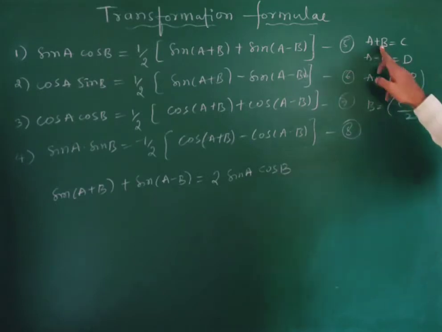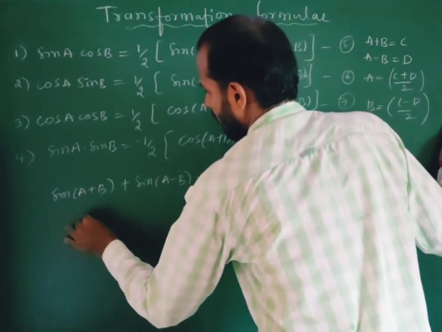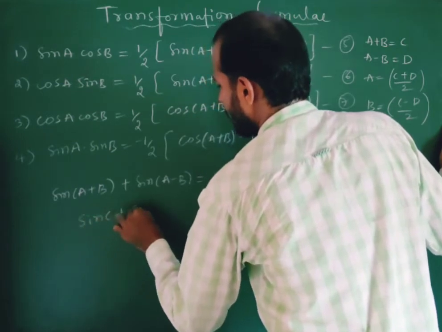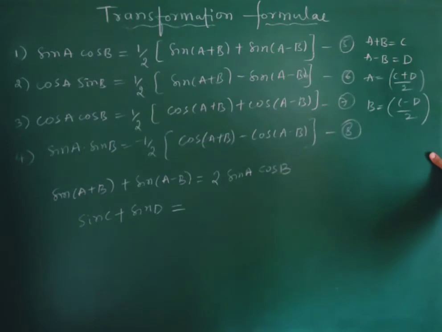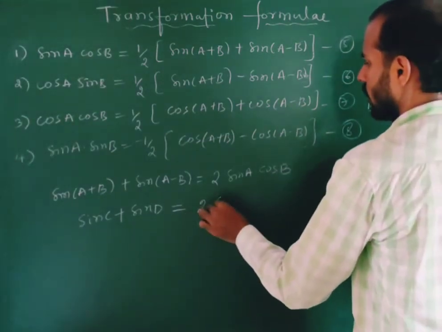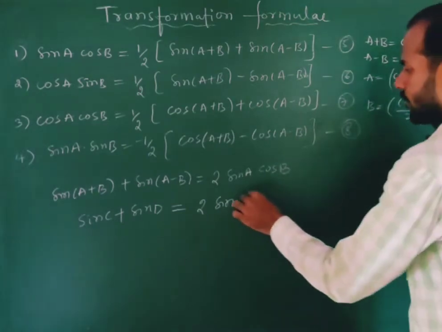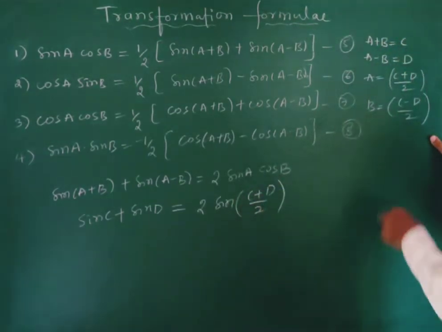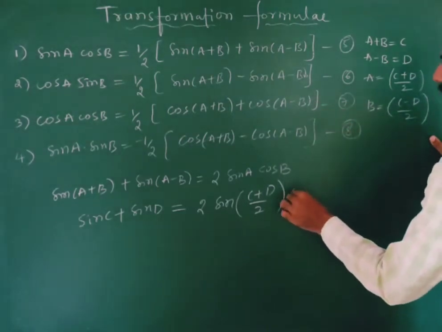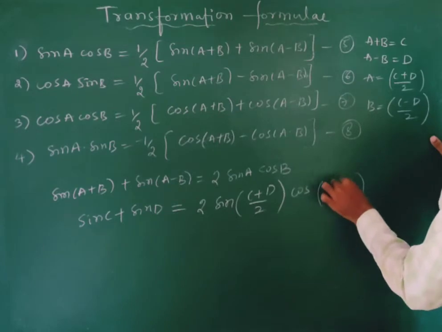Sin a plus b is c, so sin c plus sin d equals 2 times sin of c plus d by 2 into cos of c minus d by 2, right?